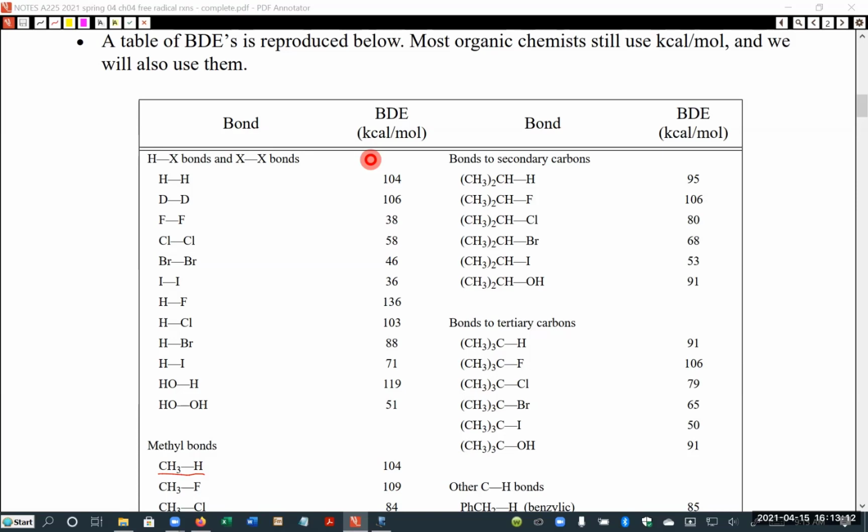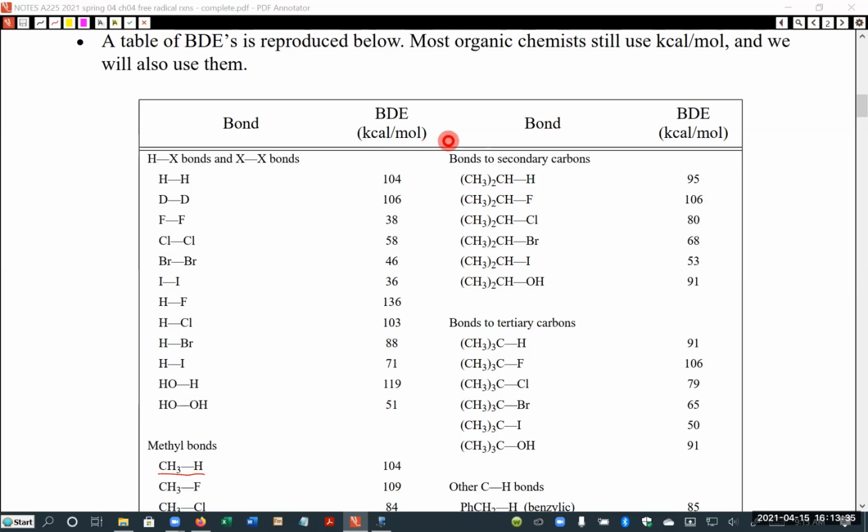When you guys were working with energy in general chemistry, you generally worked with joules and kilojoules. And there's nothing necessarily wrong with joules. And in fact, you can multiply by a factor slightly larger than 4 to convert from kilocalories to joules.